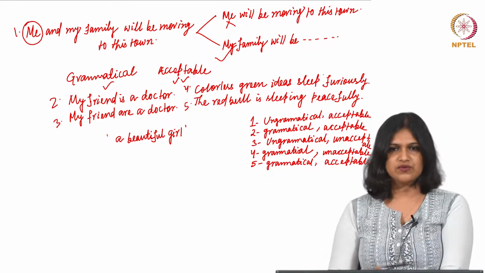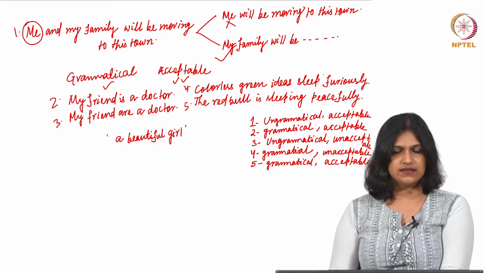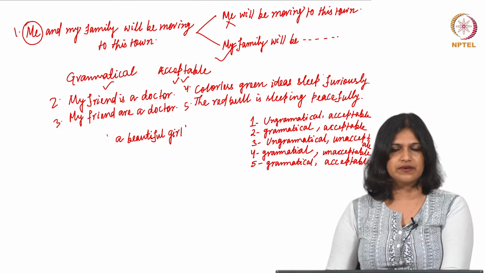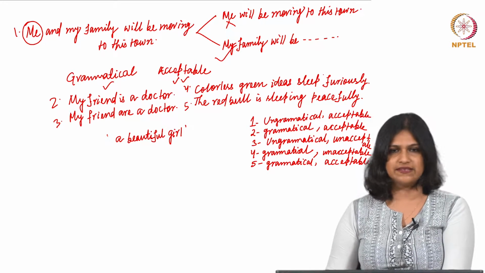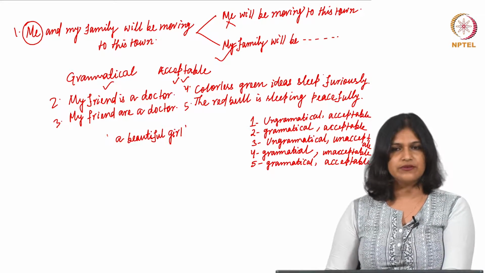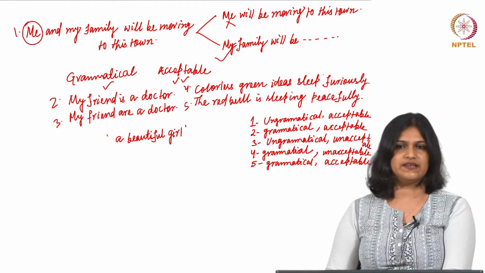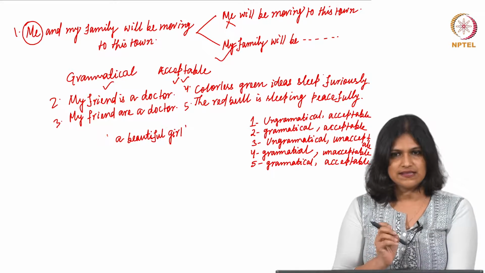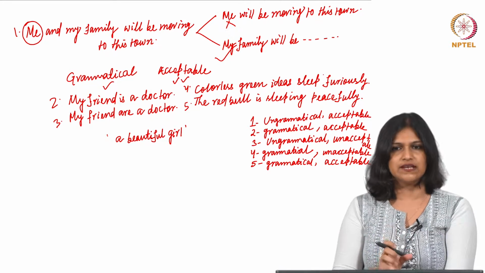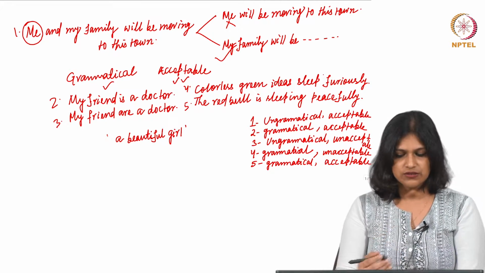Then the first one is an article, which is a, that is in traditional grammar or in prescriptive grammar we call it indefinite article. Then there is beautiful, which is an adjective, and then there is girl, which is a noun.